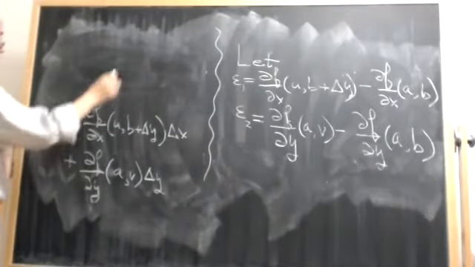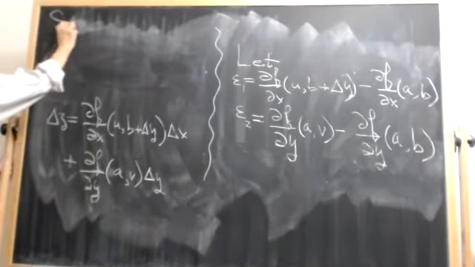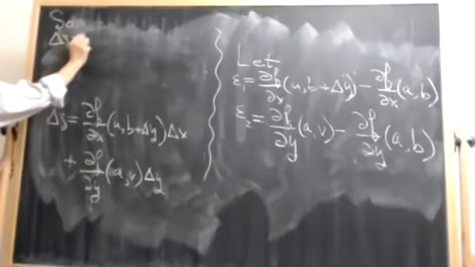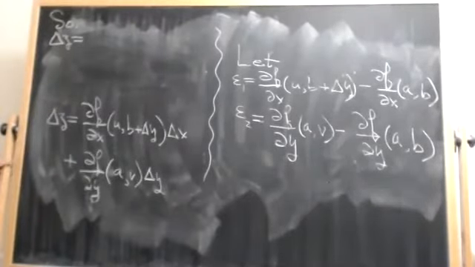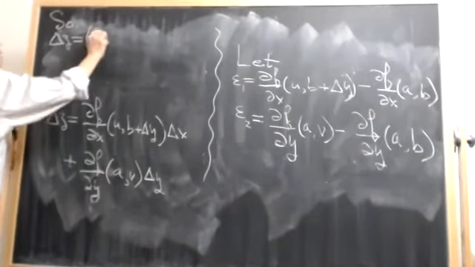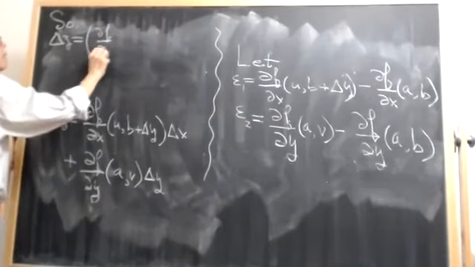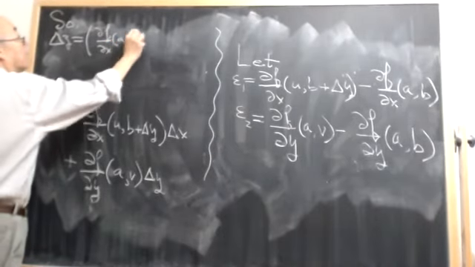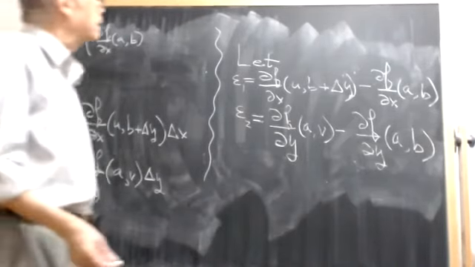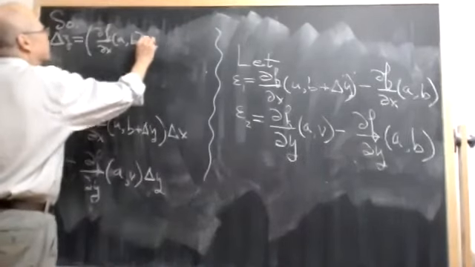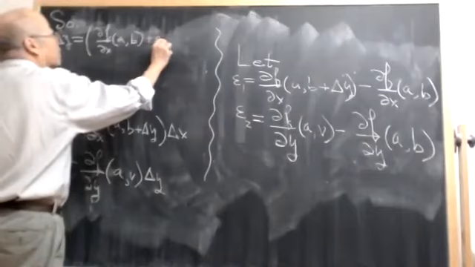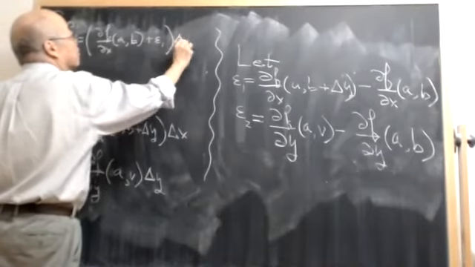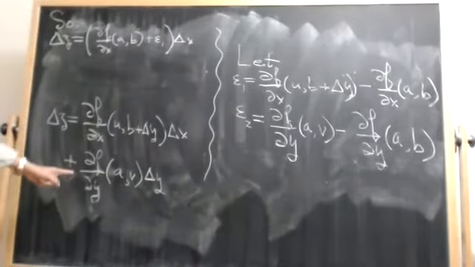So delta z is df dx at ab plus epsilon 1, times delta x, plus this term here.